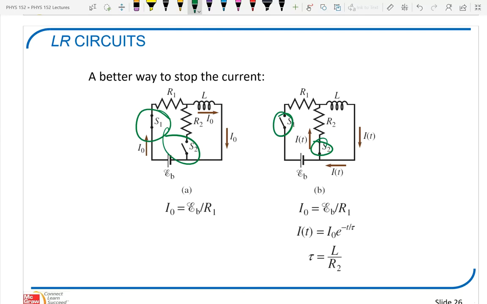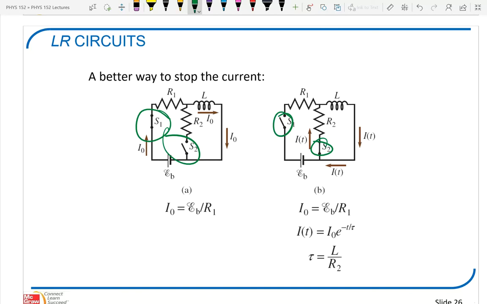What are you actually doing? You're building a magnetic field. So you're building the magnetic field from that battery, and then the energy is going to be dissipated through R2.